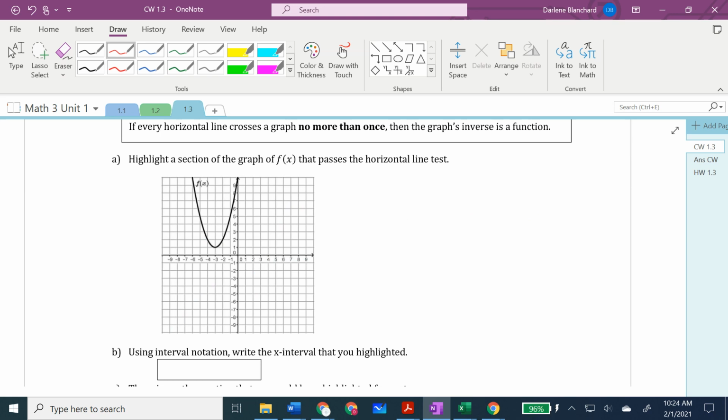To determine if a graph's inverse is a function, draw horizontal lines. If any horizontal line crosses the graph more than once, then the inverse is not a function. Now, if you look at a bunch of horizontal lines, if I wanted to cut this graph in half so that it does have an inverse that is a function, I would include the vertex.